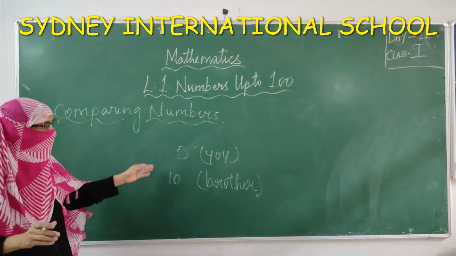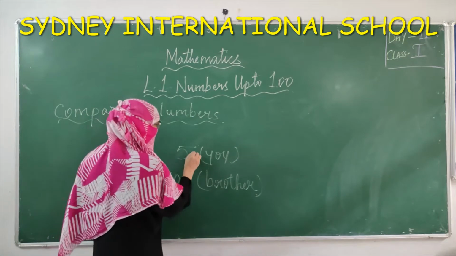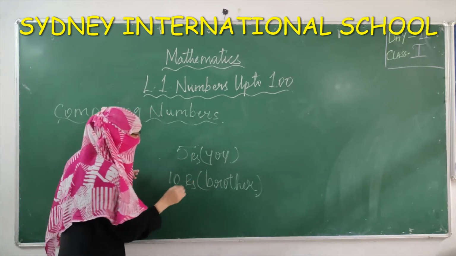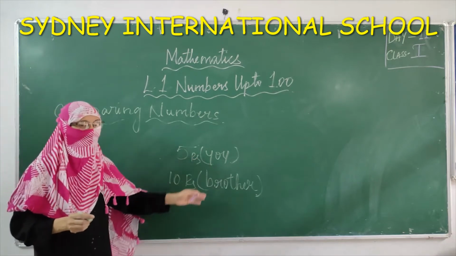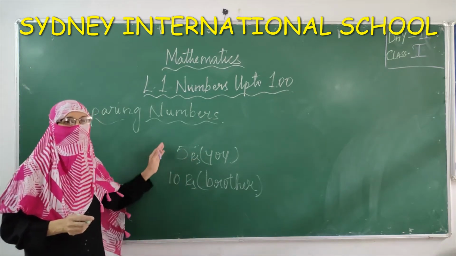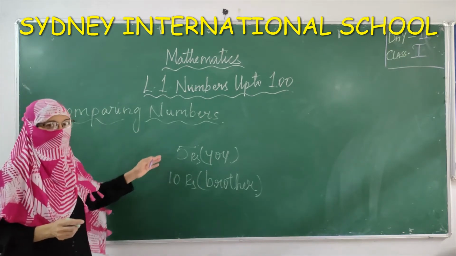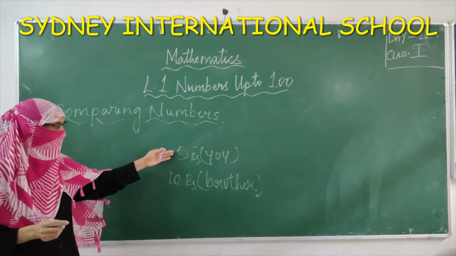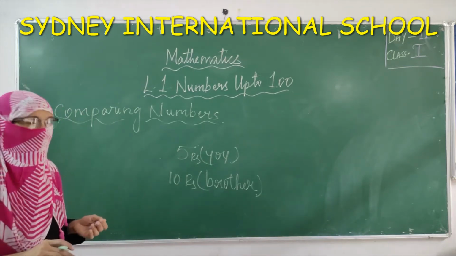So who got more? 5 rupees to you, 10 rupees to your brother. Who got more money? I am comparing between you and your brother, between the two persons. If I am comparing between the two, 5 rupees, 10 rupees, then only I can ask who is having more, who is having less.